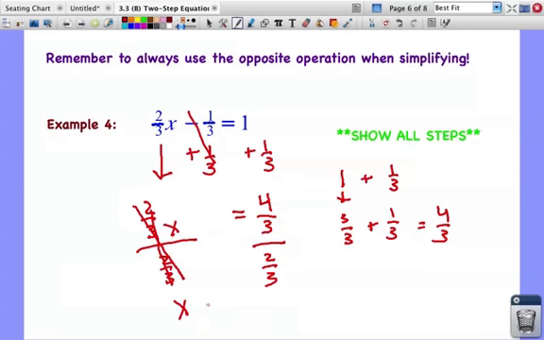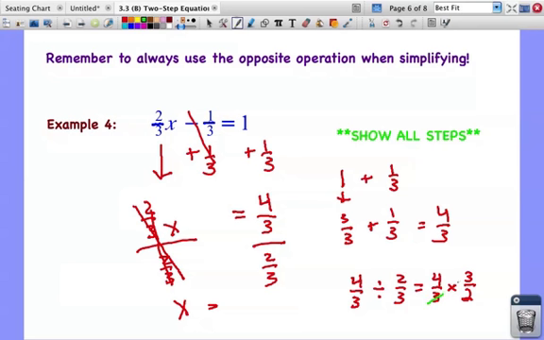I'm left with x equals, let's work this out, 4/3 divided by 2/3. Remember, we're supposed to keep, change, flip. So this really becomes 4/3 times, let's flip it, 3/2. And now, let's cross reduce here.